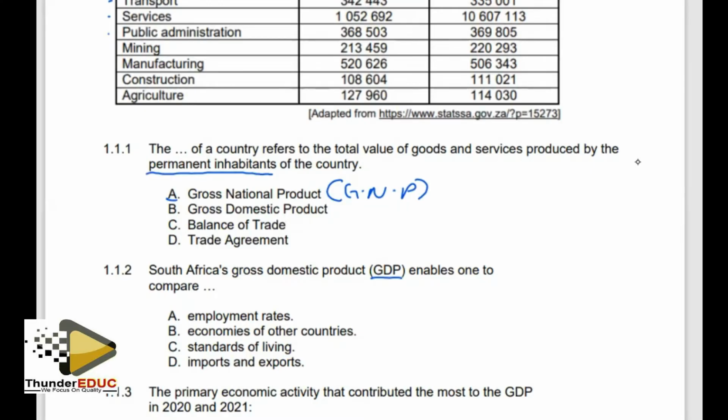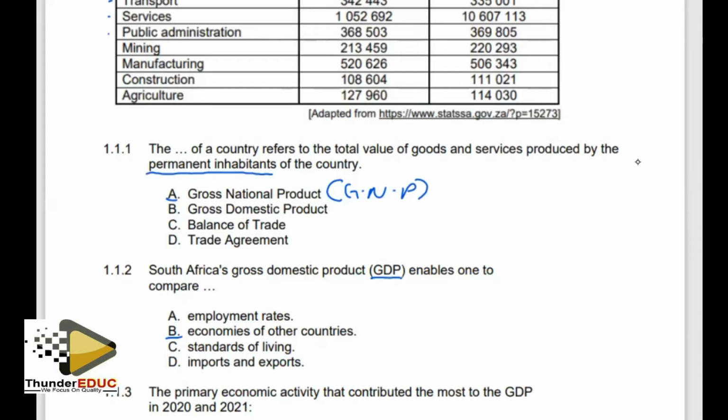So this could assist in comparing South Africa's economies with those of other countries. Of course, we use GDP to see whether there is growth in the economy of a country or whether there is decline. So we can use GDP to compare.